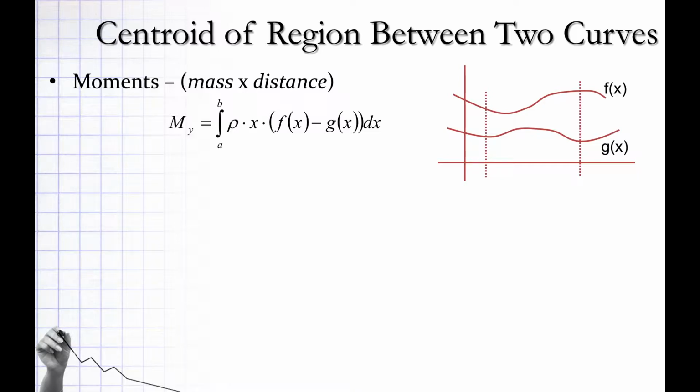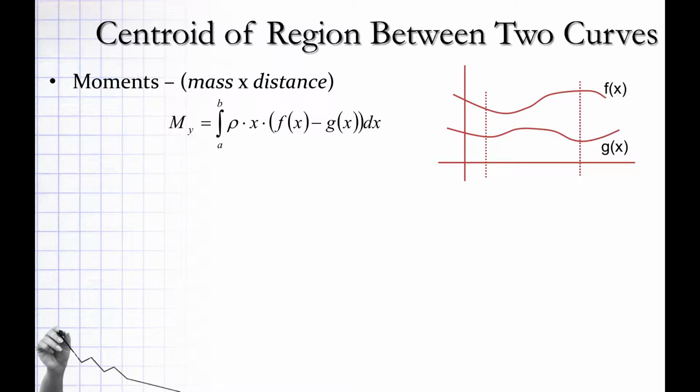We're not going to use y in a dx integral. How do I find the center of any of these rectangles? Midpoint formula. Basically where I am here plus where I am here divided by 2. Well, this is just f of x and this is just g of x.